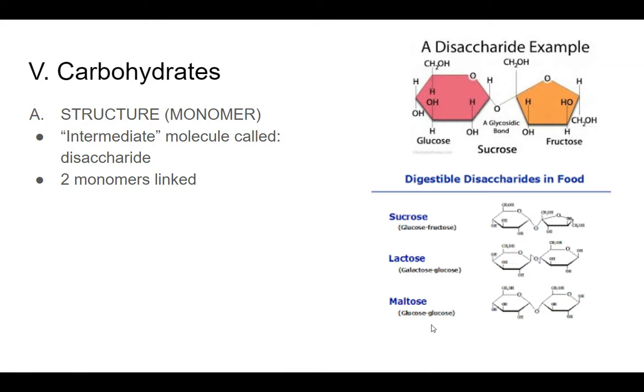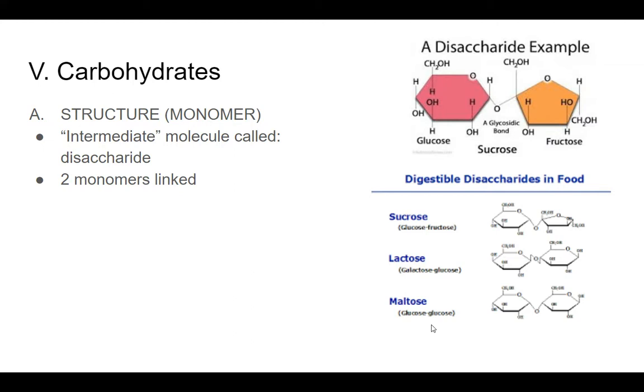So a true monomer is called a monosaccharide. If we link just two of those monosaccharides together, we will get this intermediate form of a disaccharide. If we attach a third one or go beyond, then we're finally into the world of a polysaccharide.